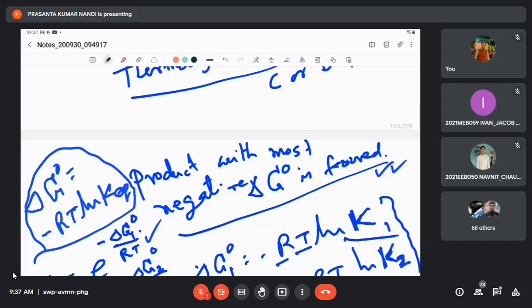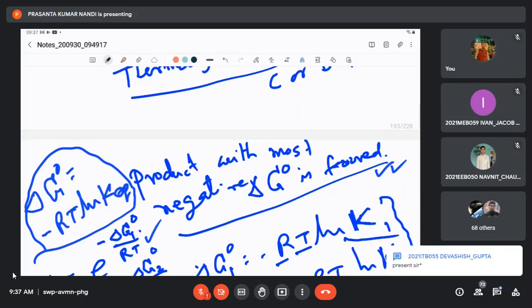Whenever a reaction occurs, naturally it is a process, so for this reaction there will be a change in free energy. As the reaction progresses, there will be a change in the free energy of the reaction. What does this free energy change mean for a reversible reaction?